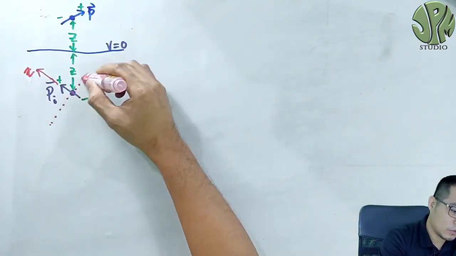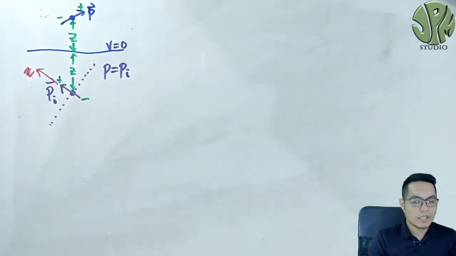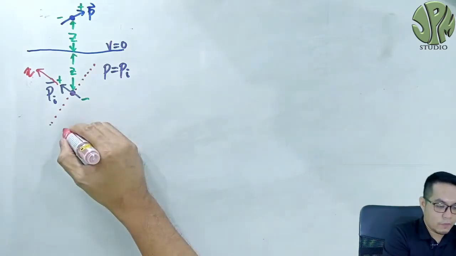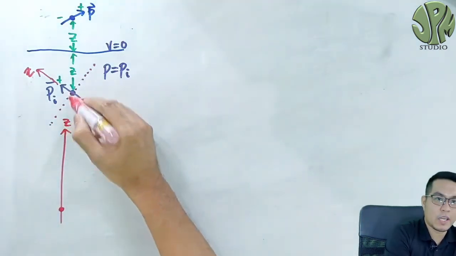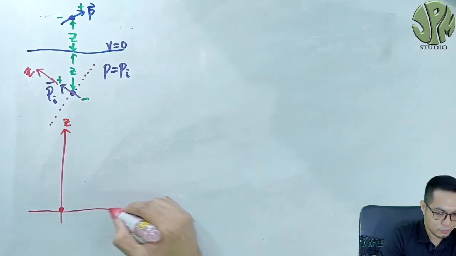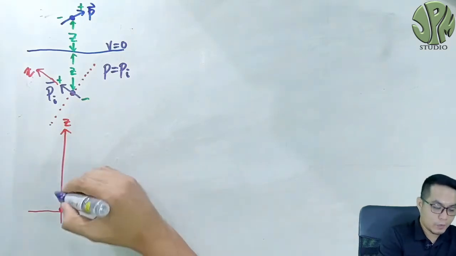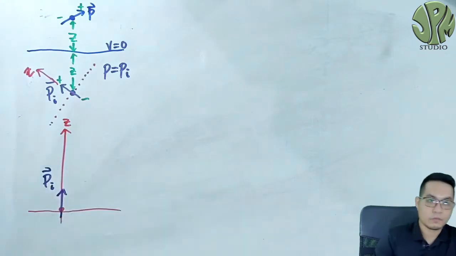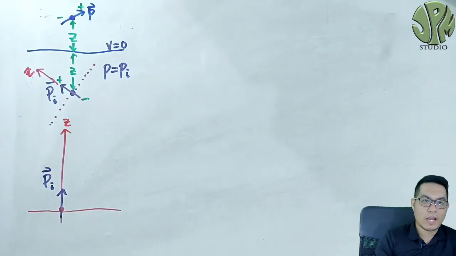This is our new axis, I'm just going to rotate that. If you notice, this is now our new z-axis, and this is now the origin, the location of the image dipole. I just rotated this coordinate system like that.